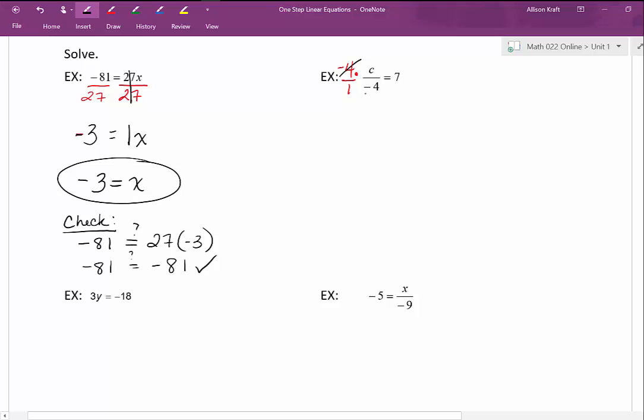We can cross-cancel any numerator with any denominator. So those negative 4s cancel out for us, leaving us with just 1c. To keep it legal, whatever we do to one side, we've got to do to the other side. 7 times negative 4 is negative 28. We end up with c equals negative 28.